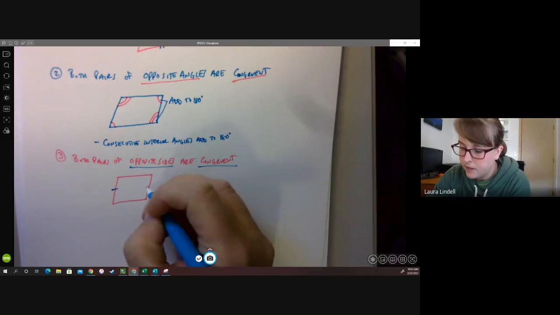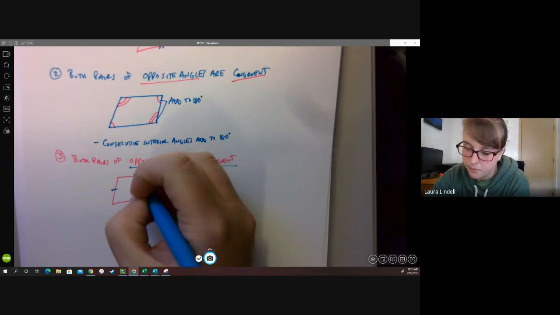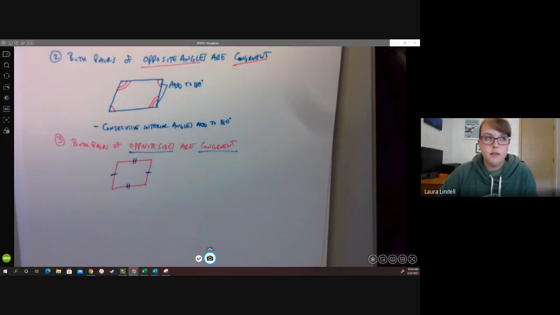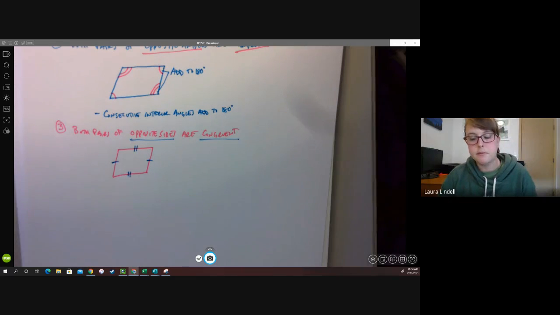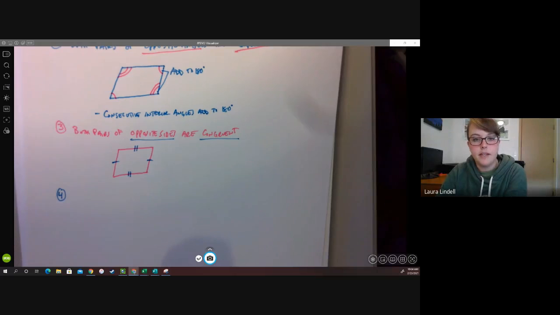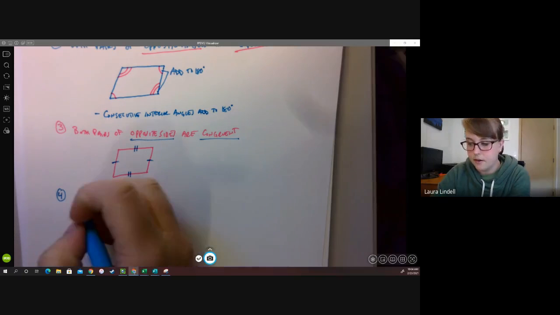So this pair of sides is the same and this pair of sides is the same. Okay. The last one is the only one that sometimes people get a little bit confused about. And it is that the diagonals bisect each other.